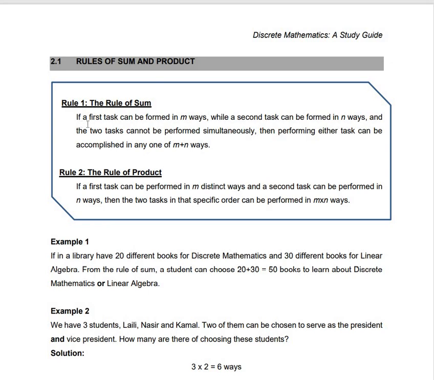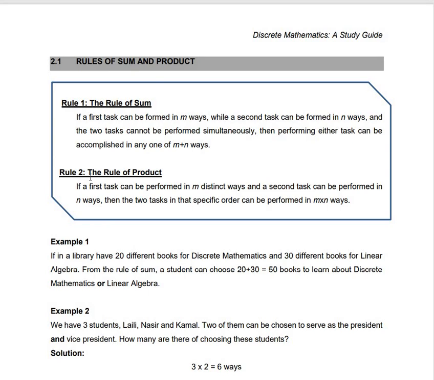The rule of sum: if a first task can be performed in m ways, while a second task can be performed in n ways, and the two tasks cannot be performed simultaneously, then performing either task can be accomplished in any of m plus n ways. If the first task can be done in m ways and the second task in n ways, and they cannot be done simultaneously, meaning we have to do them one at a time, then how many ways are there to solve the tasks? Of course it is m plus n, because we do them one at a time.